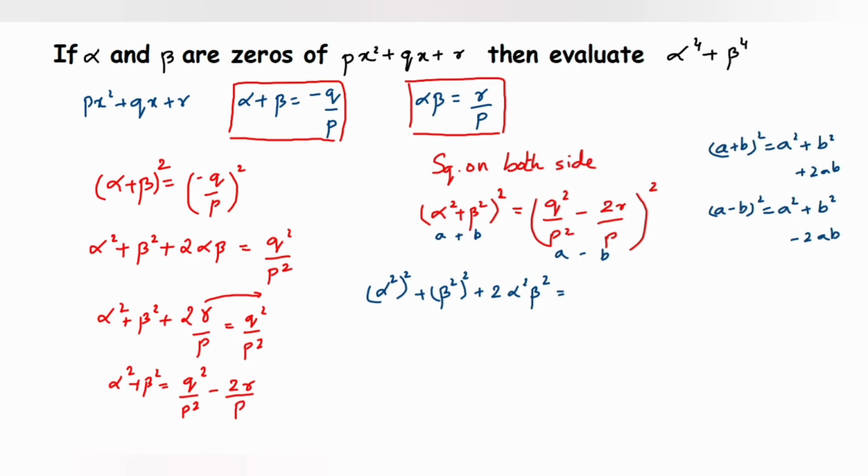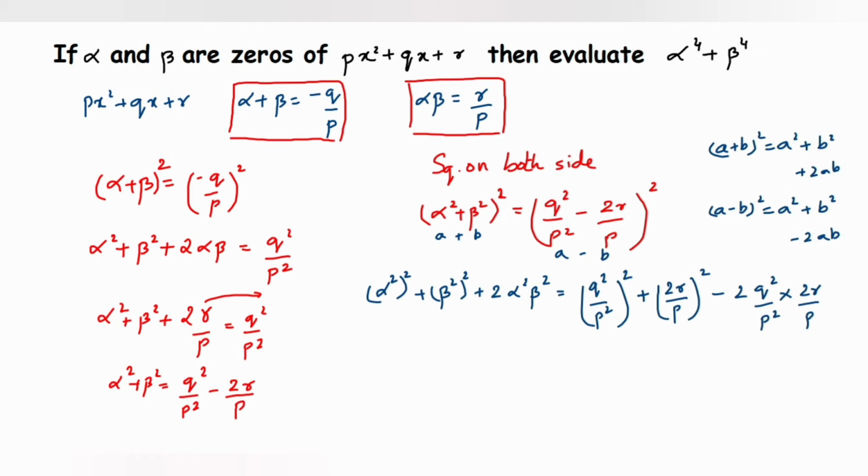So a square is q square upon p square whole square, plus b square. So it is 2r upon p whole square, minus 2ab. So 2 multiplied by a, in place of a we have q square upon p square, multiplied by b, which is 2r upon p.